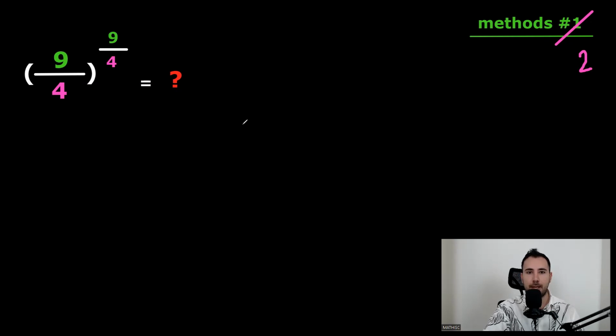You see, I am allowed to write 9 over 4 as 2 plus 1 over 4, right? Okay, because this 2 is 8 over 4. Okay, so I'm going to apply this trick.